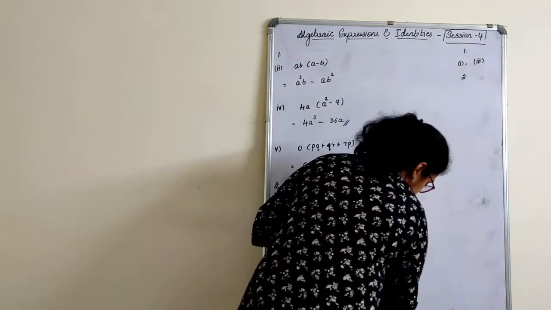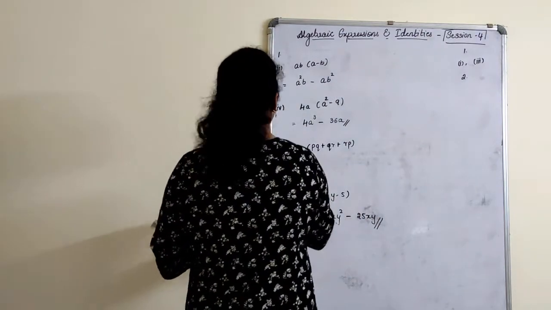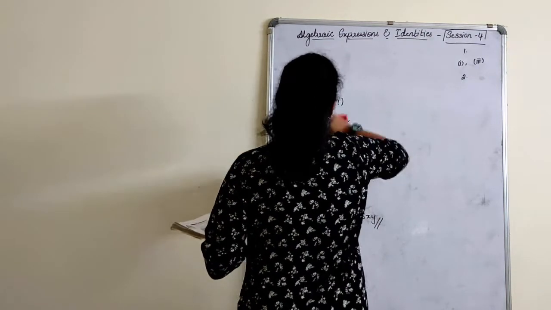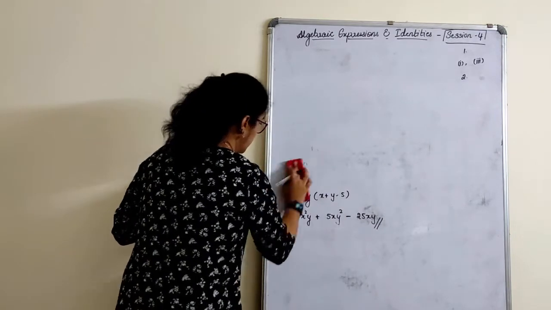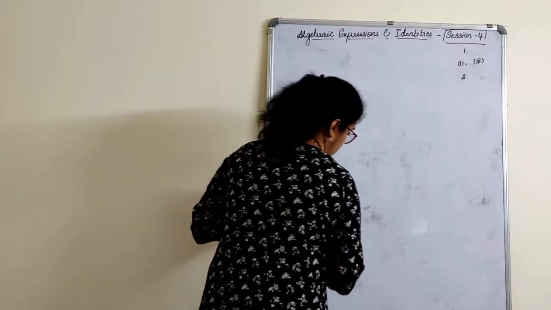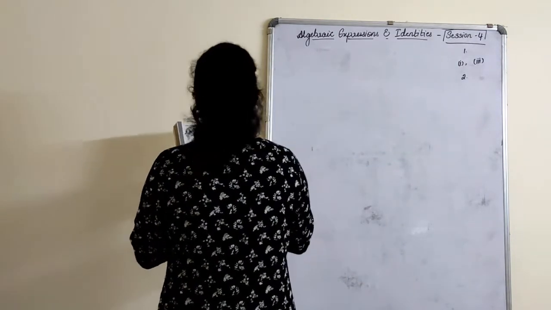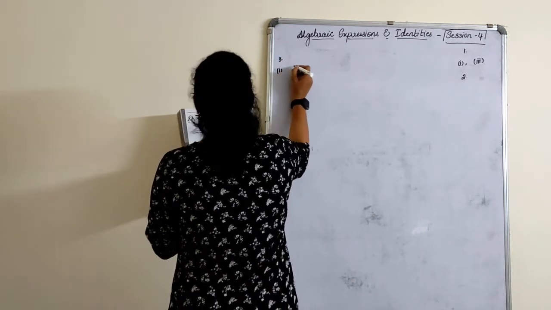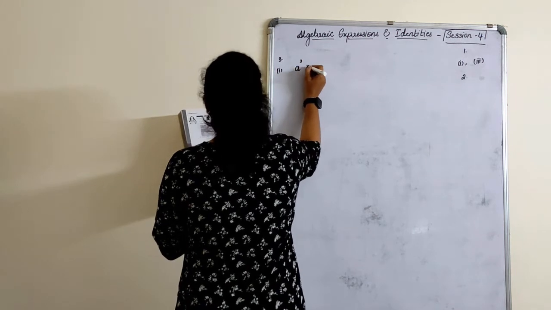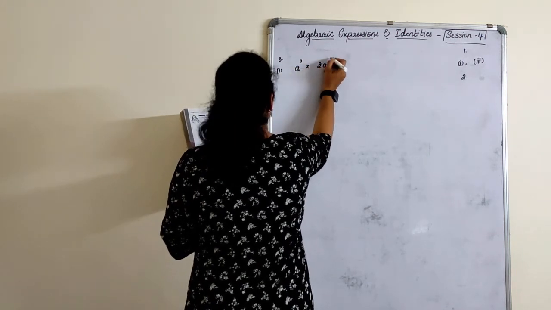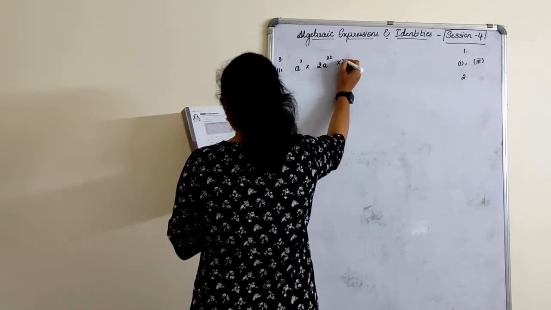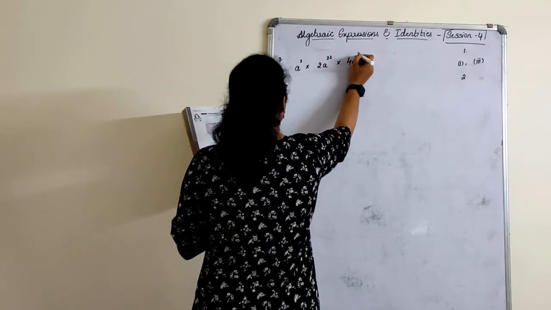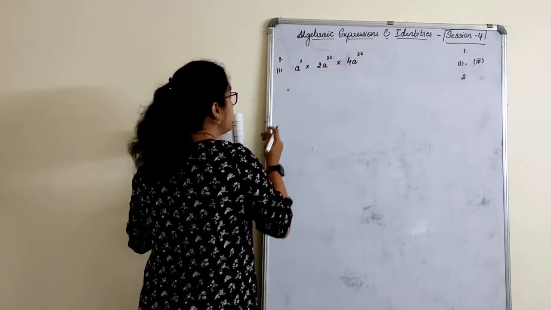We'll quickly start with the next one, that is the third one. Find the product of a square into 2a raised to 22 into 4a raised to 26. First multiply the numbers.